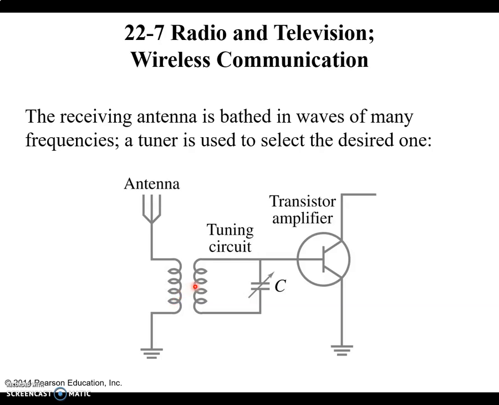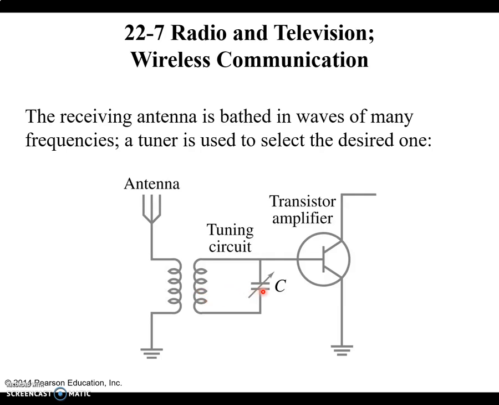And it's going to create currents in this little path right here. But we can use this tuning circuit to only oscillate at a given frequency. So for example, you're getting all sorts of radio waves here, but if you want to listen to 95.7, whatever that station is, I don't listen to 95.7, so don't judge me.